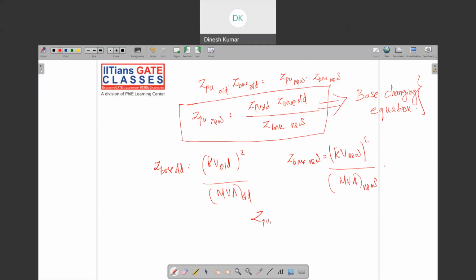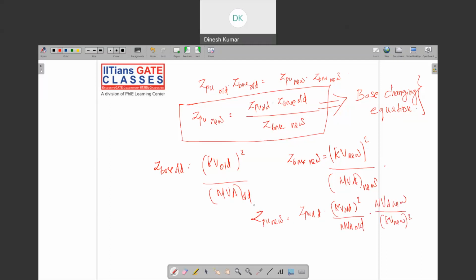Z per unit new will be Z per unit old into Z base old, which is basically kV old the whole square divided by MVA old, then divided by Z base new. So we have to multiply with MVA new divided by kV new the whole square, right?